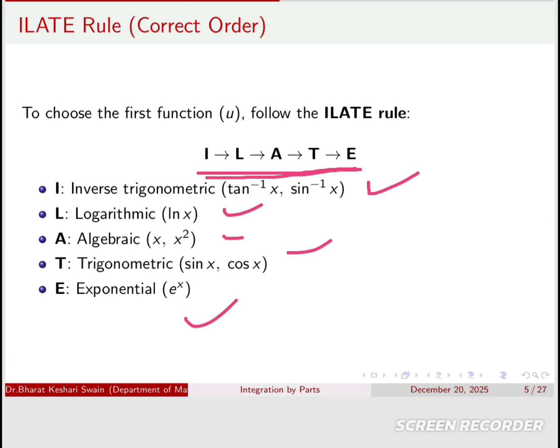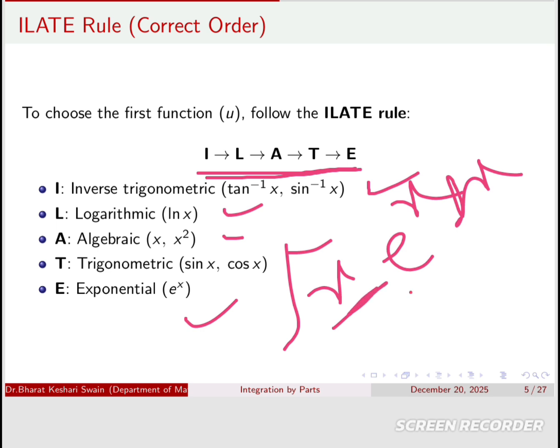Which comes first? Suppose there are two functions, x into e to the power x. So x is your algebraic function, e to the power x is your exponential function. In the sequence ILATE, A comes first, then exponential comes.